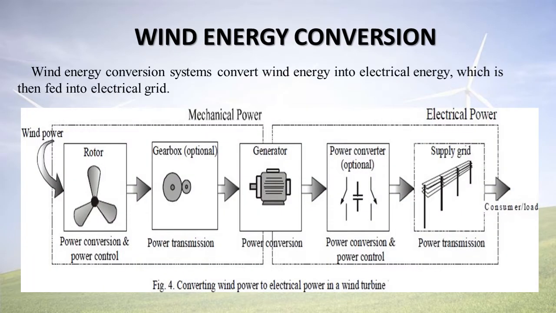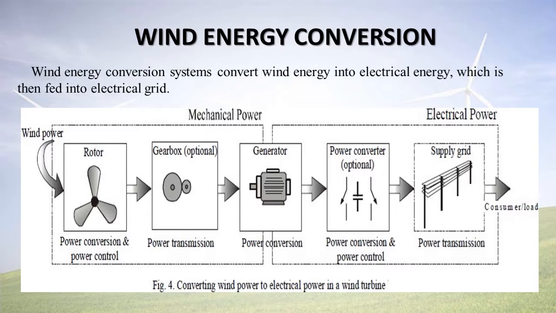Wind energy conversion system converts wind energy into electrical energy, which is then fed into the electrical grid. The turbine rotor, gearbox, and generator are the main three components for energy conversion. Rotor converts wind energy to mechanical energy.